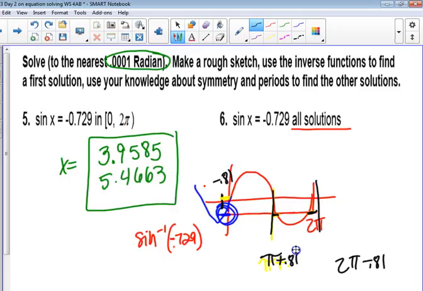That was minus, okay? Had to do with the symmetry. We had to do them that way because we didn't have graphing calculators. You guys have graphing calculators. You can just find the 2 decimals where it intersects. We're good. All solutions means we add what, though? Because the period's 2 pi, we add plus or minus 2 pi n.